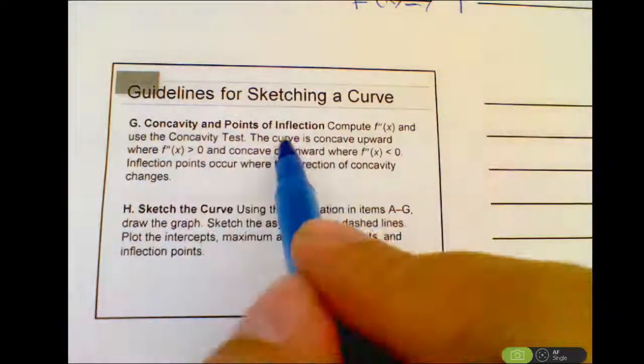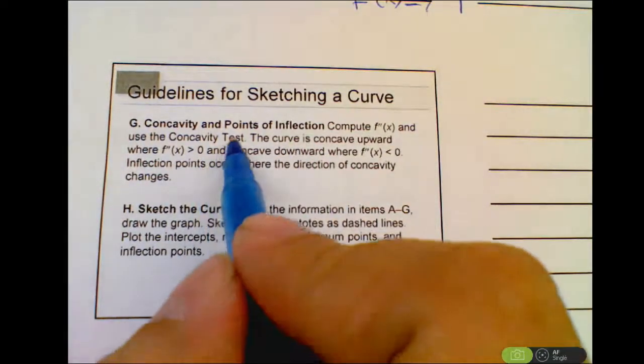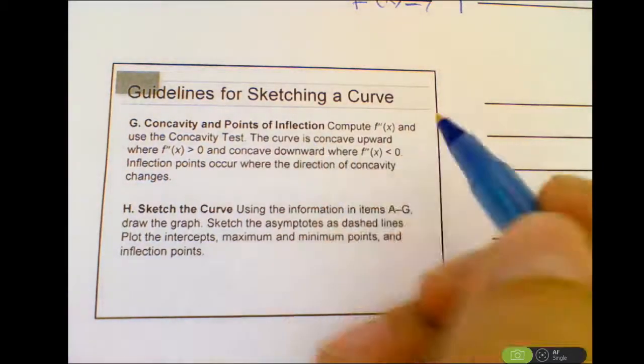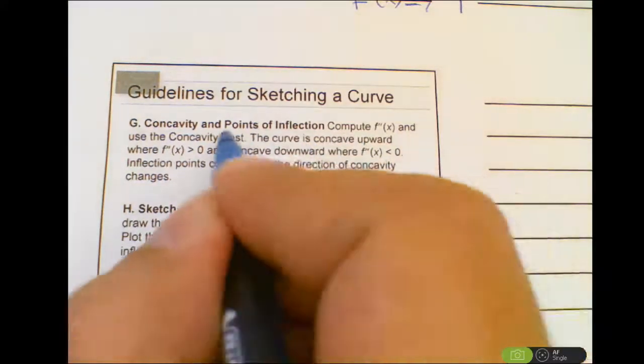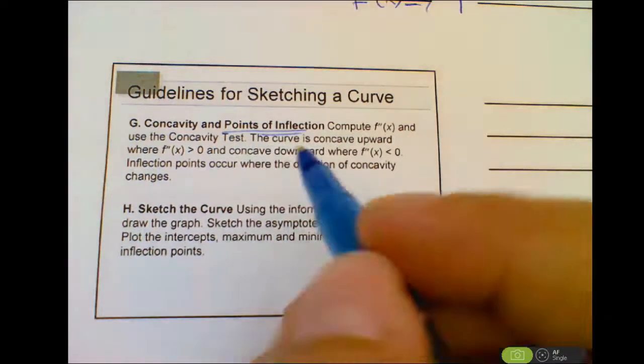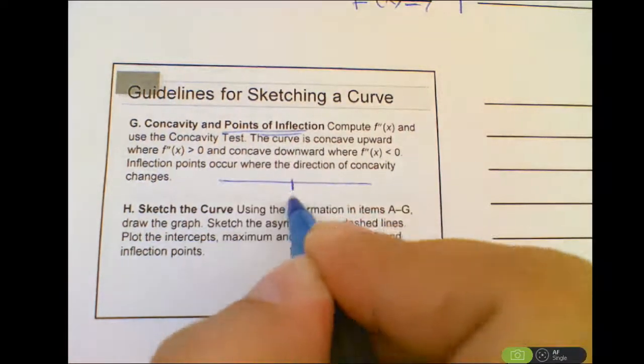Now for concavity and points of inflection, you just find your second derivative and you set it equal to 0. You find those values of x that make the second derivative 0, and those are your candidates for points of inflection. Then you just have to test, let's say that this is your critical value.